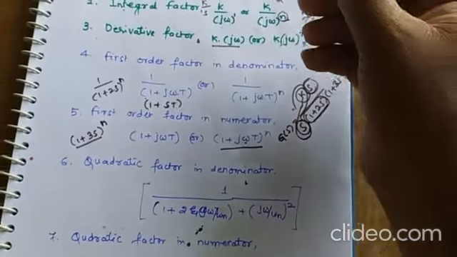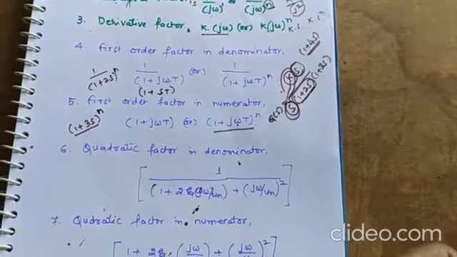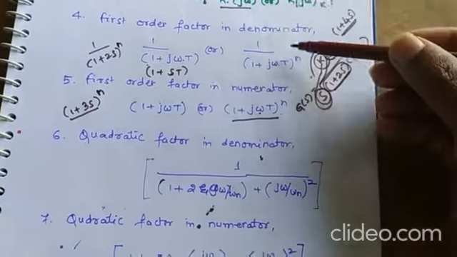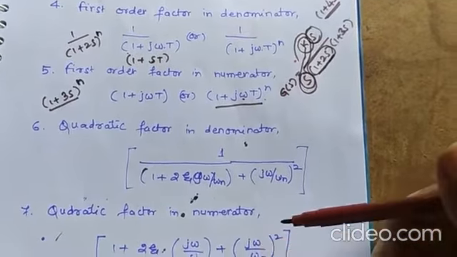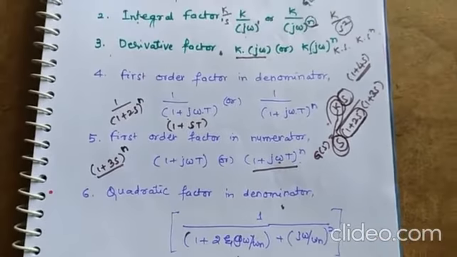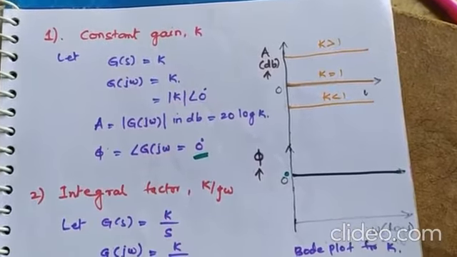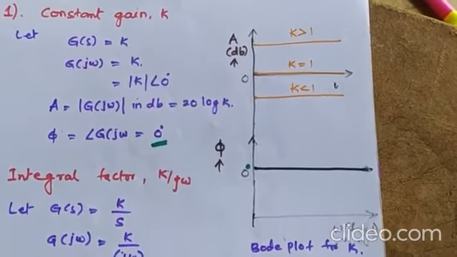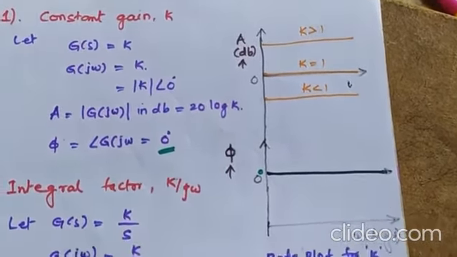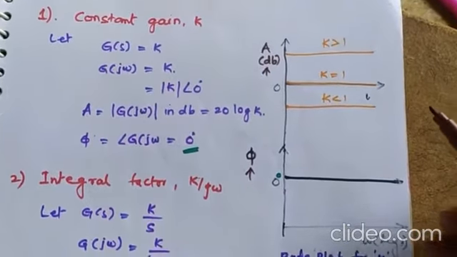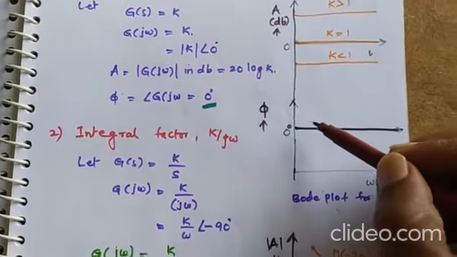All of you should have knowledge about the basic factors, so we are not going to discuss them in detail. Let me give short information on how we can draw this. I already said the Bode plot includes two plots: how to draw the plot for the magnitude, and how to draw the plot for the phase.